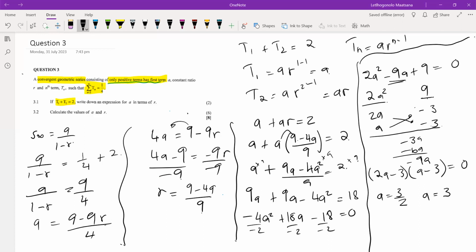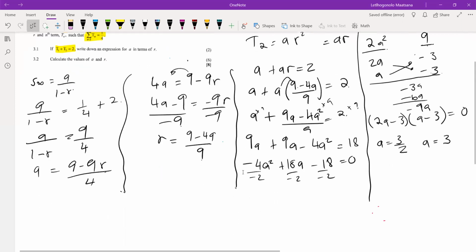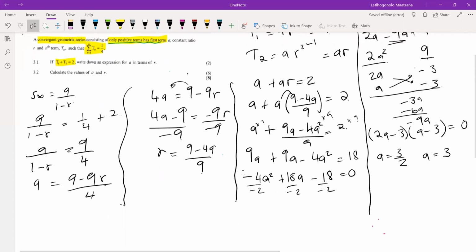With that information, I can go back to my equation, the one that I rewrote with regards to R, to calculate the value of R. So I'll just go ahead and substitute. When I substitute A equal to 3/2, I get that R is equal to 1/3.